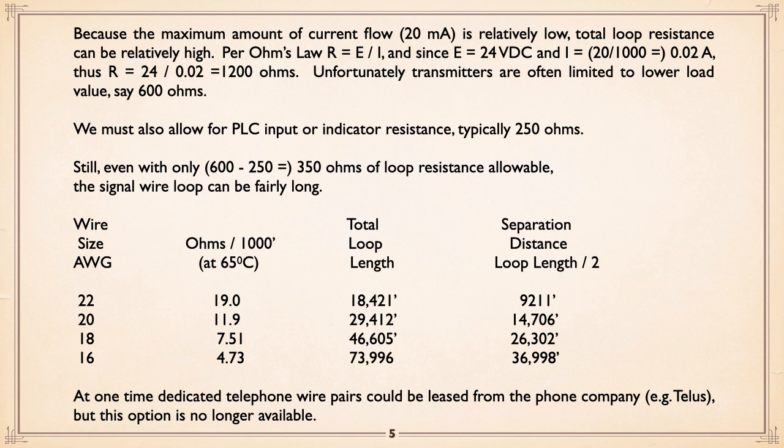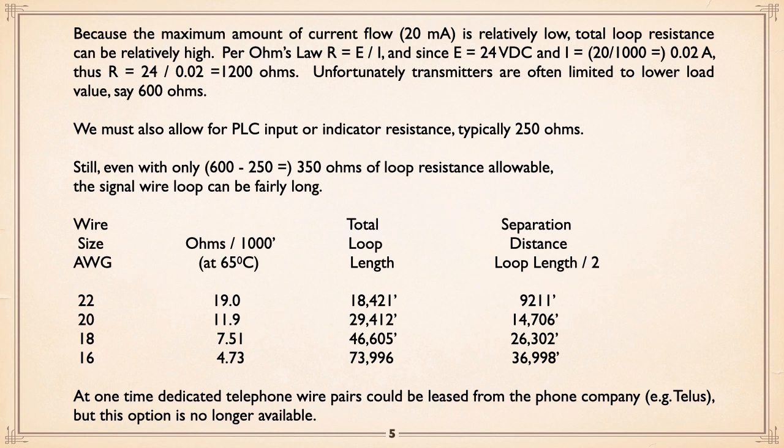Okay? Now, however, we can still have fairly long lines. For example, if we assume we're going to lose 350 ohms, if you're using 22 gauge wire, the total loop, in other words, from the beginning to the end and back again, can be as much as 18,421 feet. If you figure how far away you can read or want the signal to go, because it is a loop, you just divide that by 2.